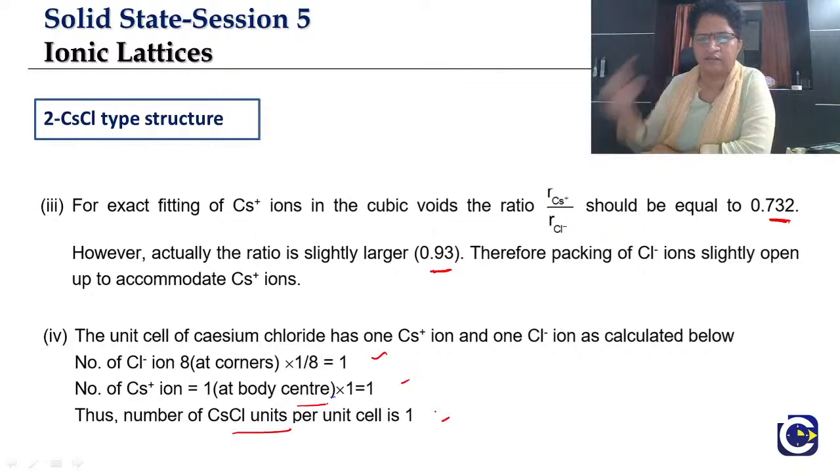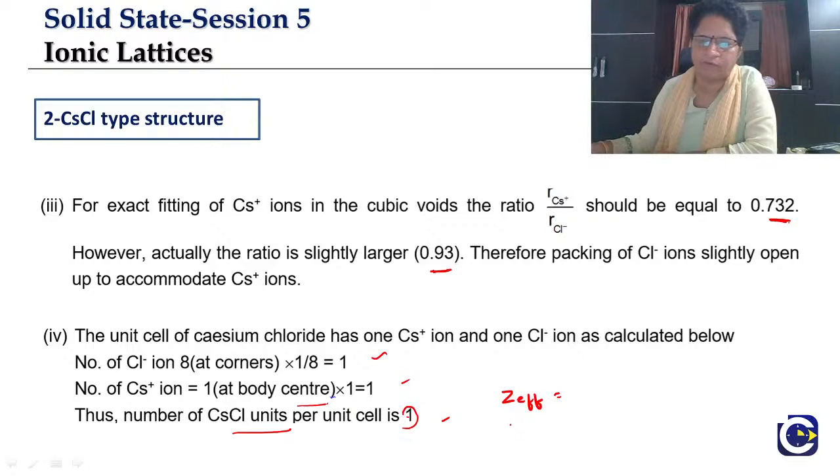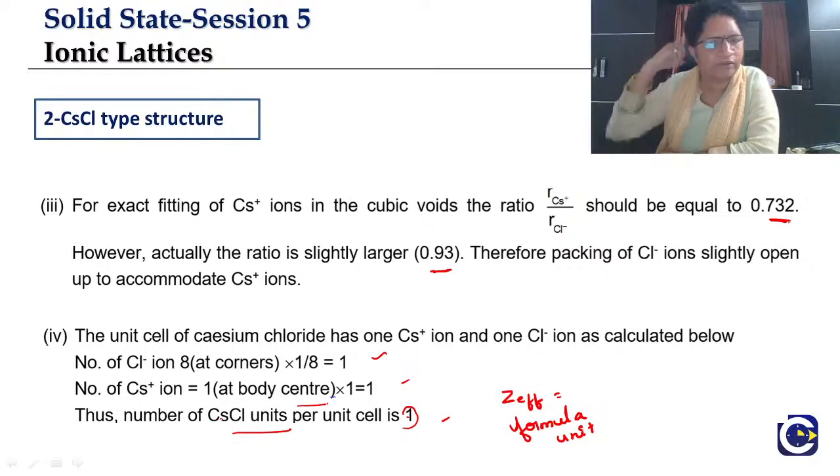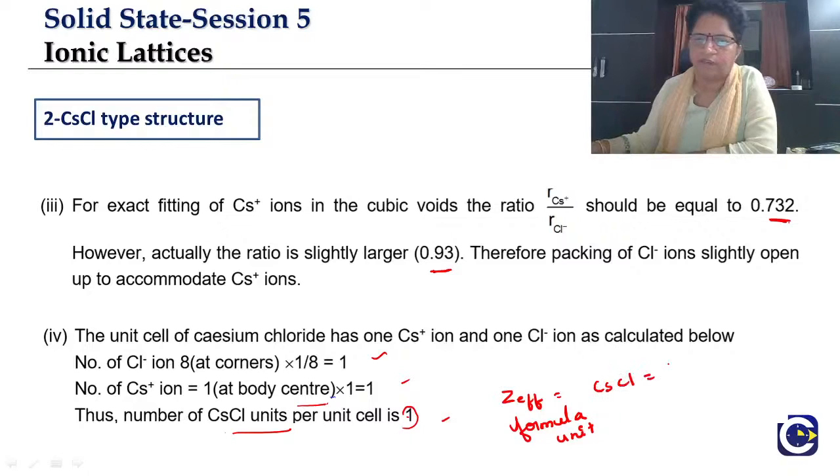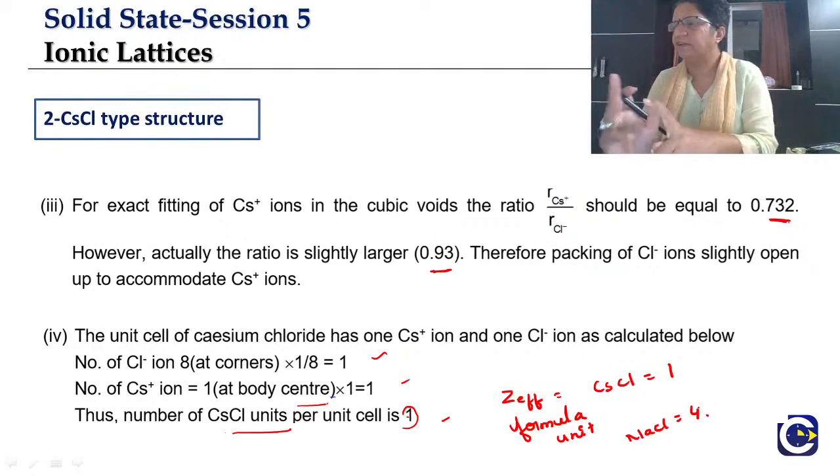Hope you understand that. The effective number of atoms per unit cell of cesium, what do I have? Formula units. What is a formula unit? One formula. Cesium chloride is one formula. For cesium chloride it would be equal to 1. In case of sodium chloride, I can say it as 4 because we are getting exactly 4 sodium ions and 4 chloride ions.